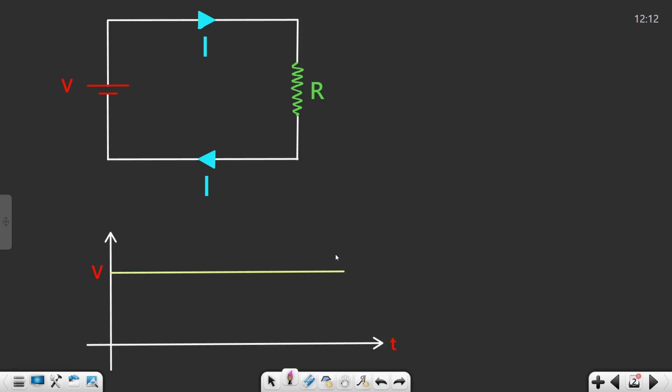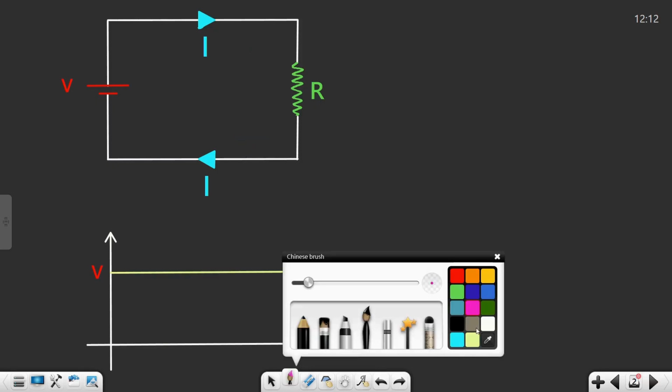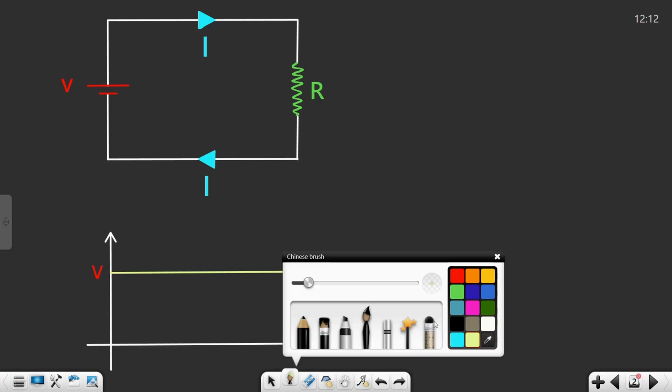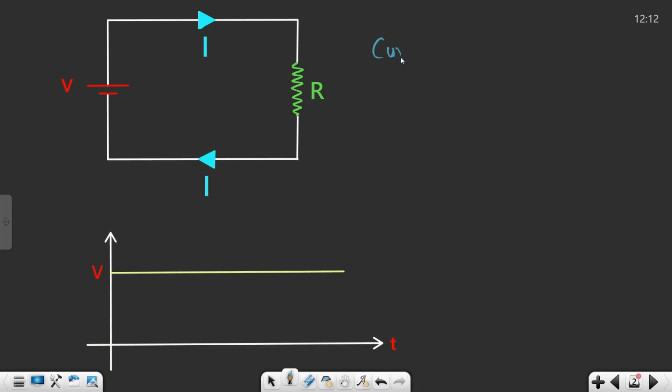Since the voltage is constant, the current I is generated and it will move in this particular direction. If you could remember, I already mentioned that the current I moves from positive voltage to negative voltage.